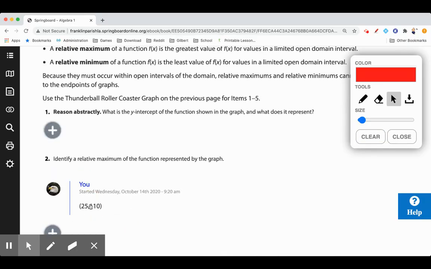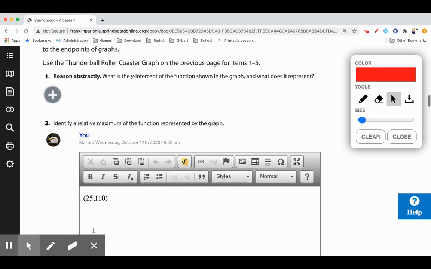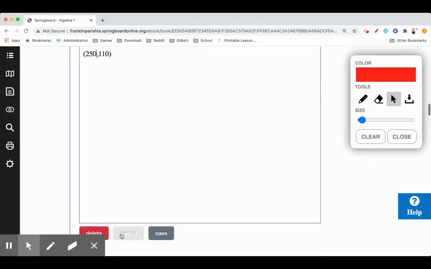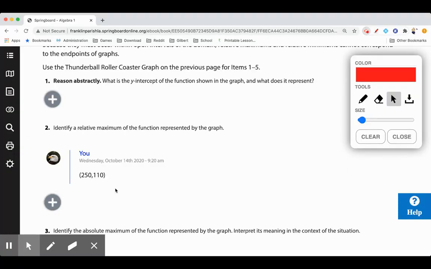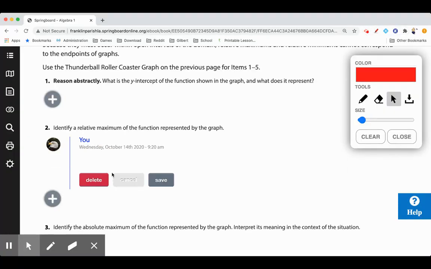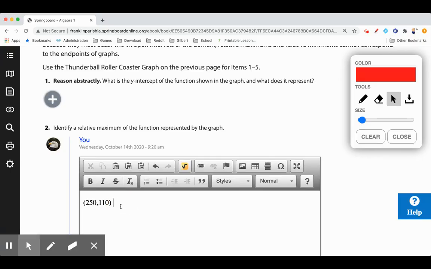Oh, 250, not 25. Hold on just a sec. Okay, you could have also said that it could also be at 90.